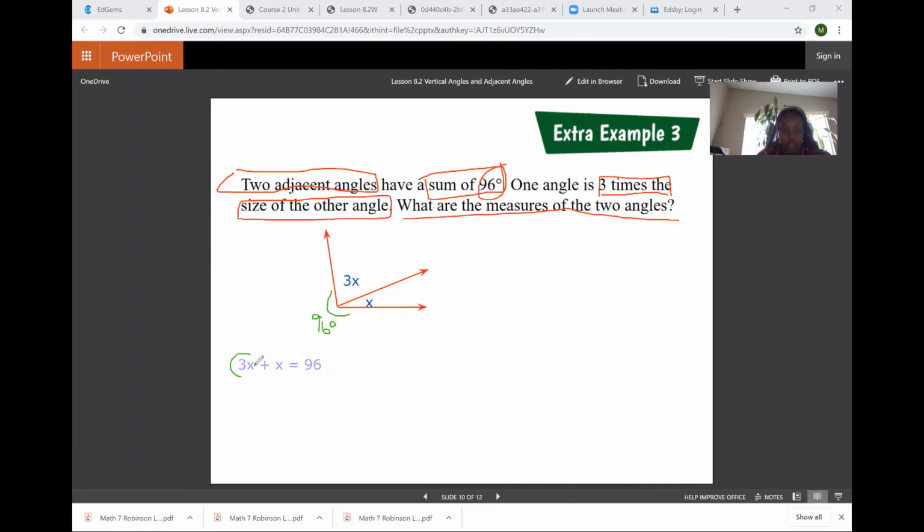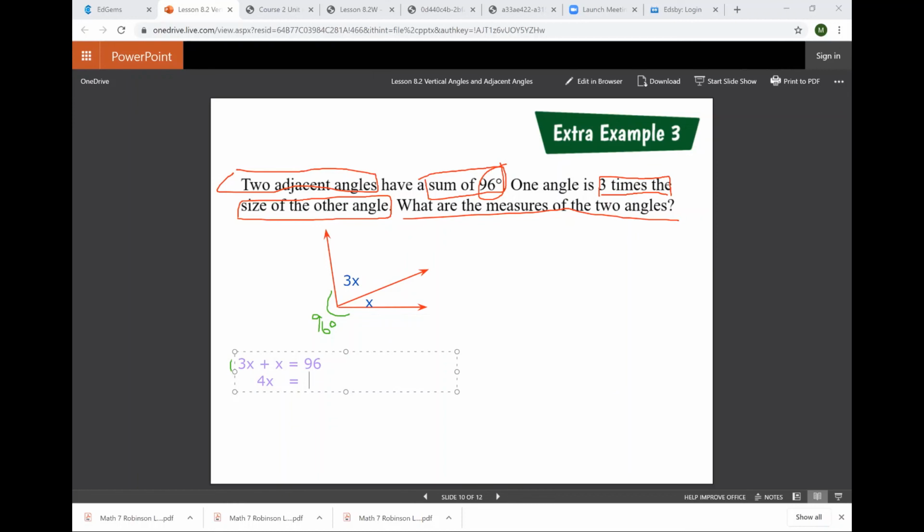So I got 3x plus x. Those go together. So 3x plus x is 4x.